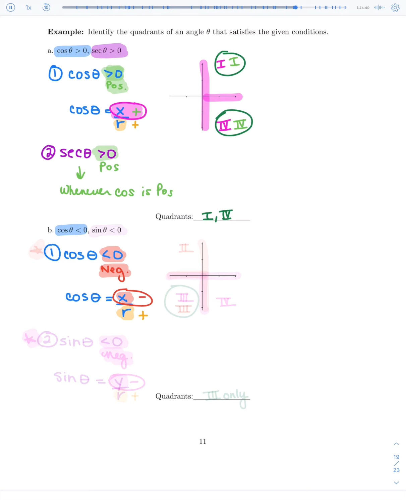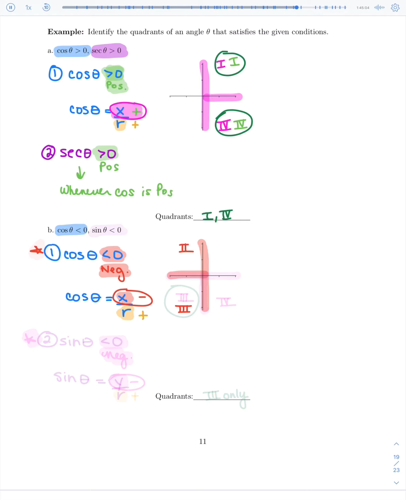Well, when are x values negative? X values are negative on the left side of the graph over here, in quadrants 2 and 3. So that is when cosine is negative. Okay.